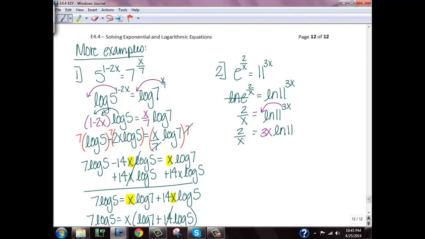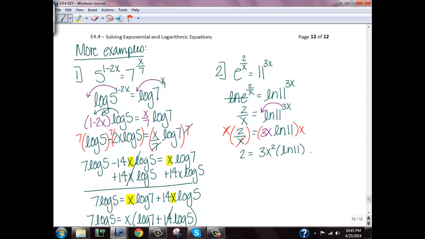Okay. And now I need to go ahead and solve for x. So I have x's everywhere, right? I have an x in front of my ln, I have an x in the denominator. So I'm going to go ahead and clear fractions by multiplying both sides by x to get that x out of the denominator. What that leaves me with is 2 is equal to 3x squared times ln 11.